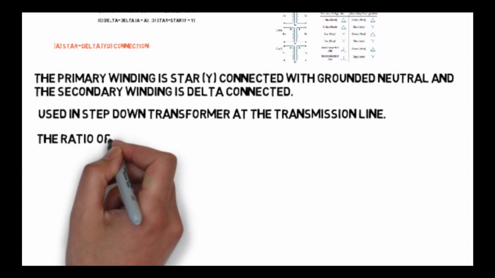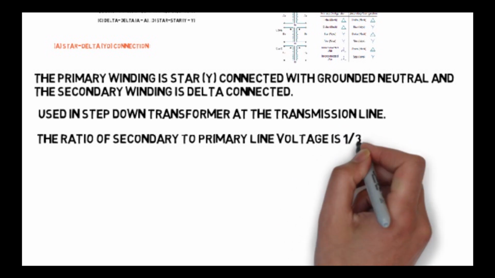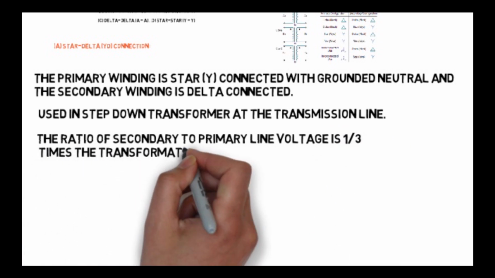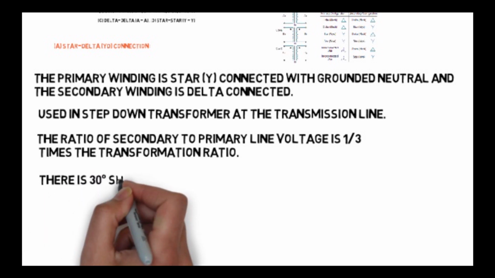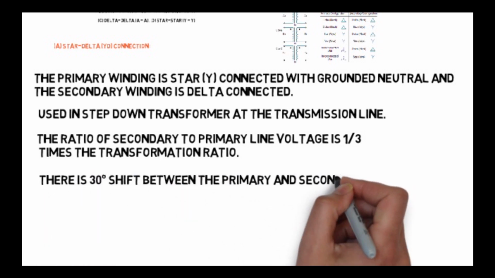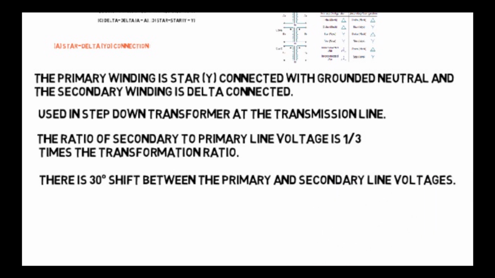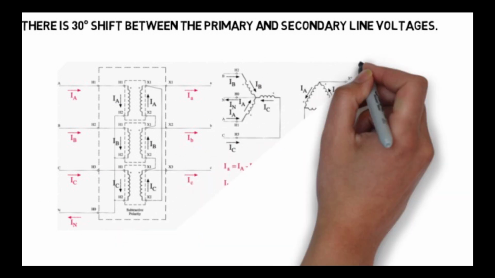The ratio of secondary to primary line voltage is 1 by root 3 times the transformation ratio. There is 30-degree shift between the primary and secondary line voltages. This is the circuit diagram of star to delta type connection.